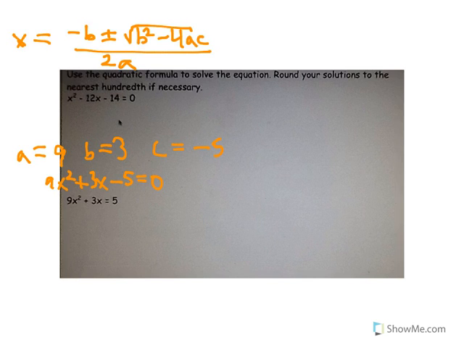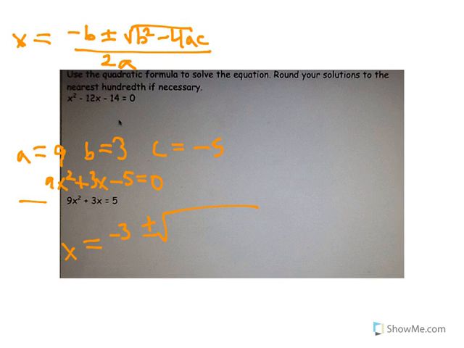So for this equation here, I just moved things around so everything's on the same side, and then I defined what my values are for a, b, and c. So now I'm just going to plug it in up there. Actually, I'll walk you through here. So x is going to be equal to negative 3 plus or minus the square root of b squared.